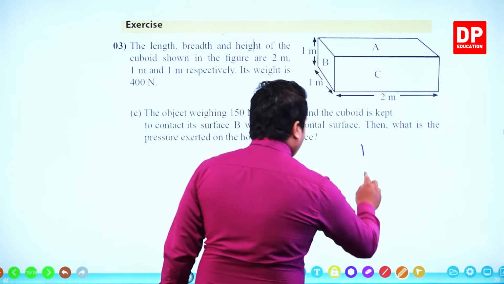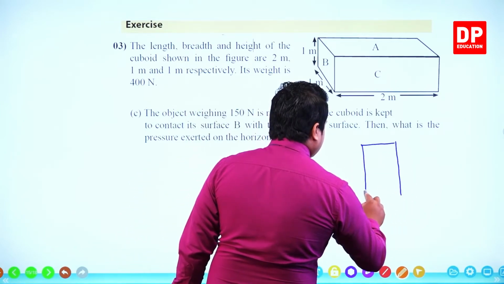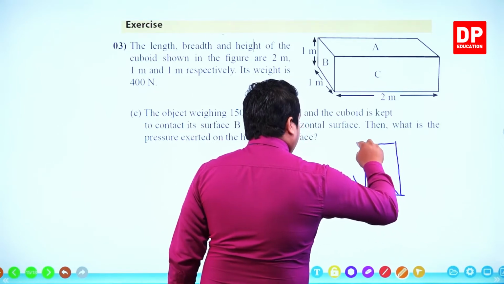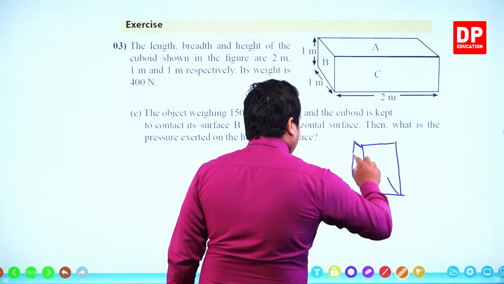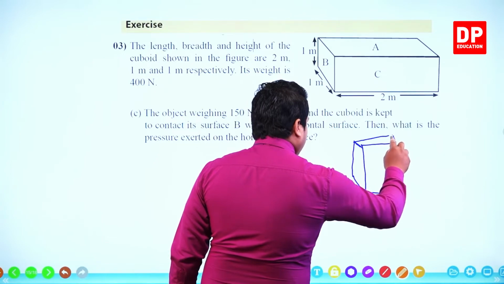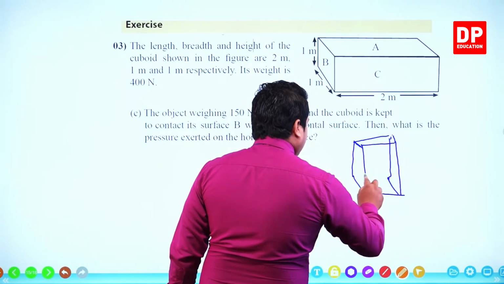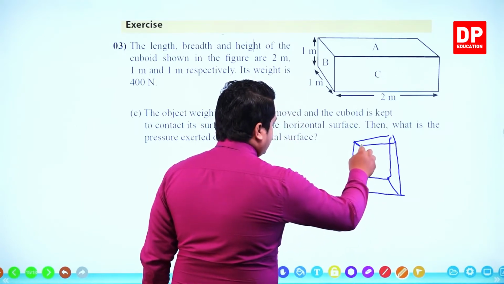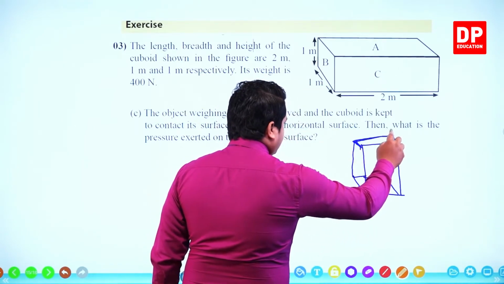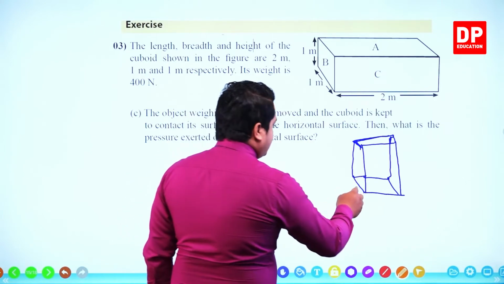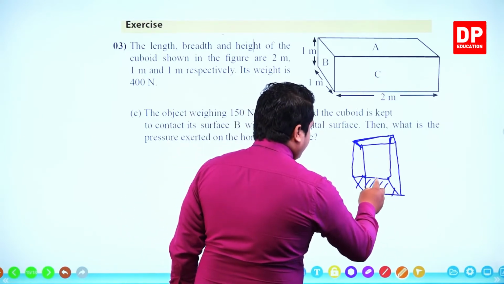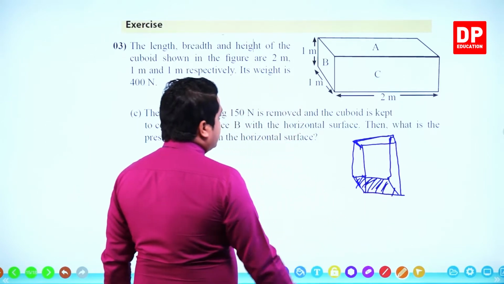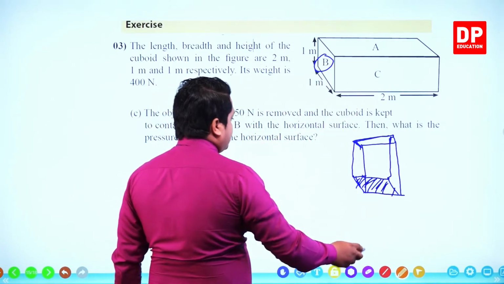Now it's been placed like this to contact the other surface. So this is the surface B now.